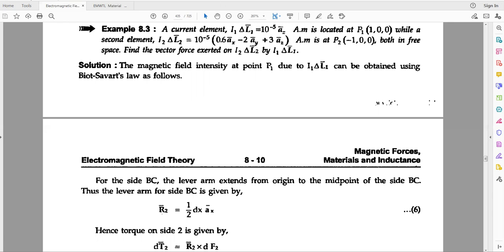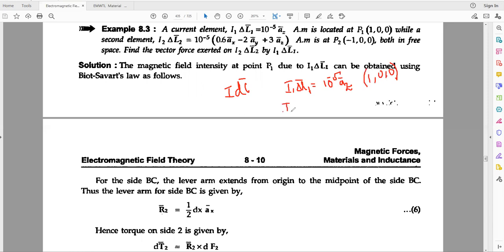A small differential length we are taking here. Actually, it is I dl bar. In that, the first one is I1 dl1 bar equal to 10 power minus 5 AZ bar. Okay. And it is located at the point 1, 0, 0.